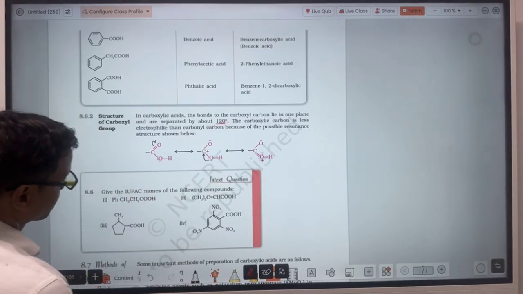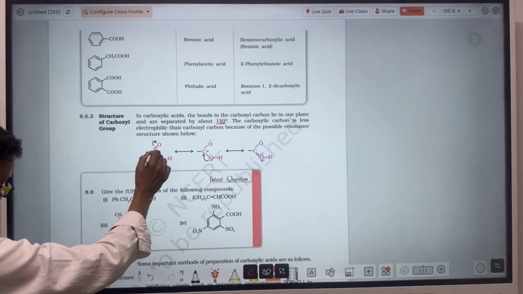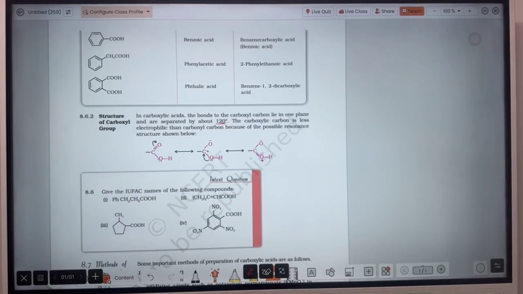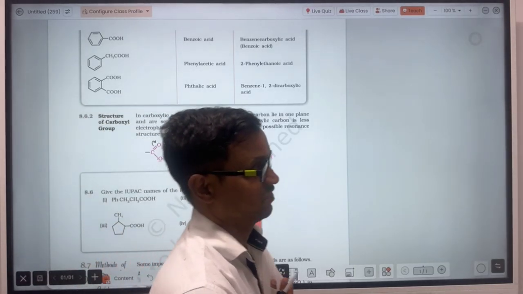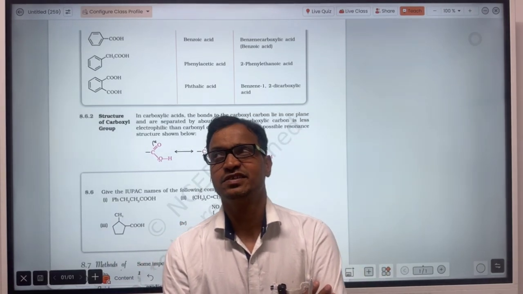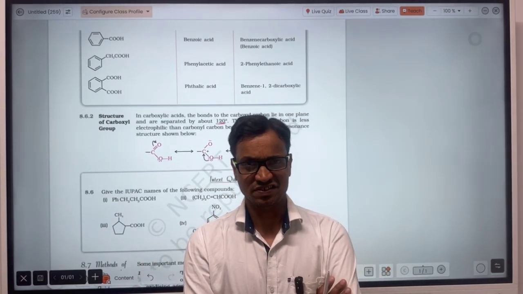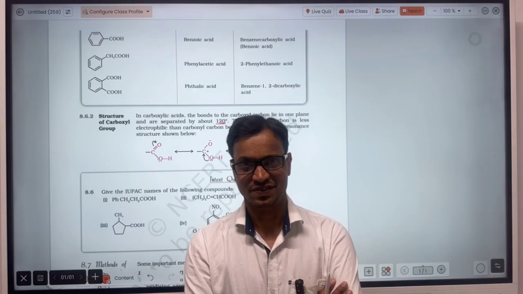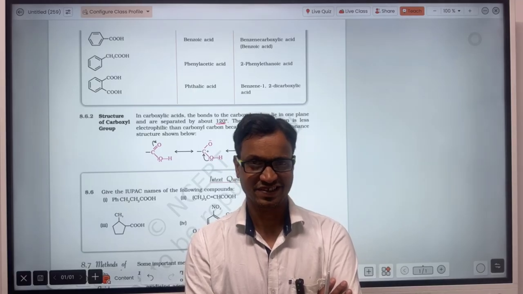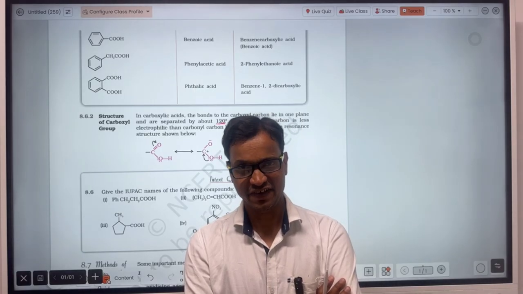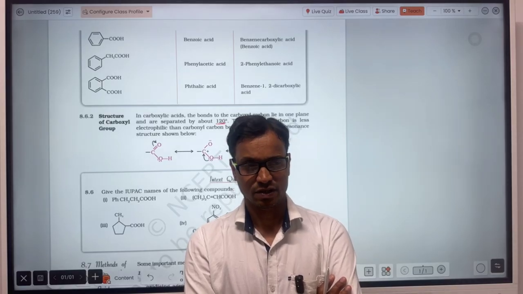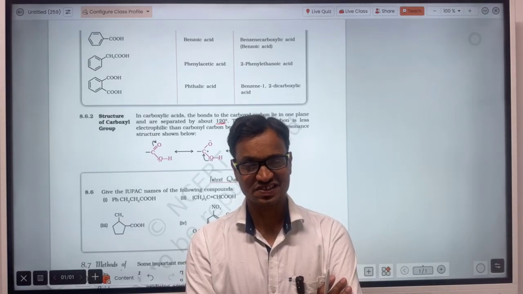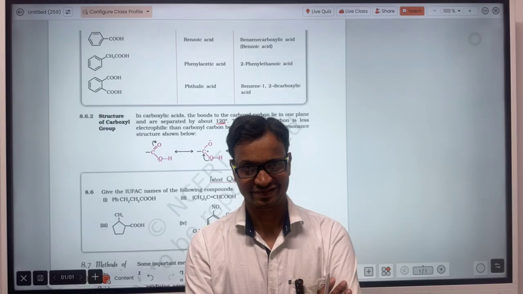This is telling that in carboxylic acids, the bond angle is 120 degrees. Obviously here, there is no lone pair of electrons at the carbon. Keep in mind, don't be confused, that there will be distortion in the geometry of the molecule from the general trend when there is a lone pair of electrons on the central atom.